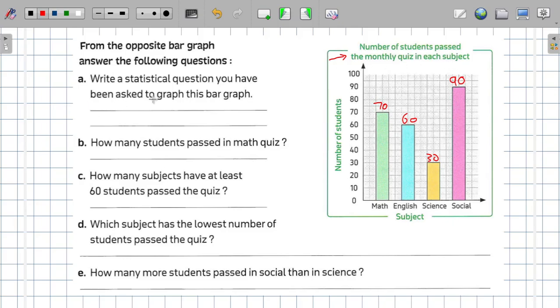So I will ask about the number of the students. So I can say, how many students passed the monthly quiz in each subject.